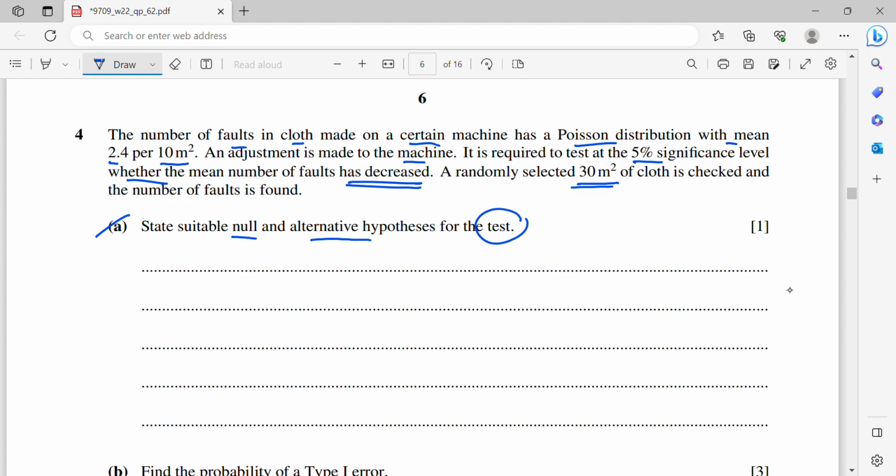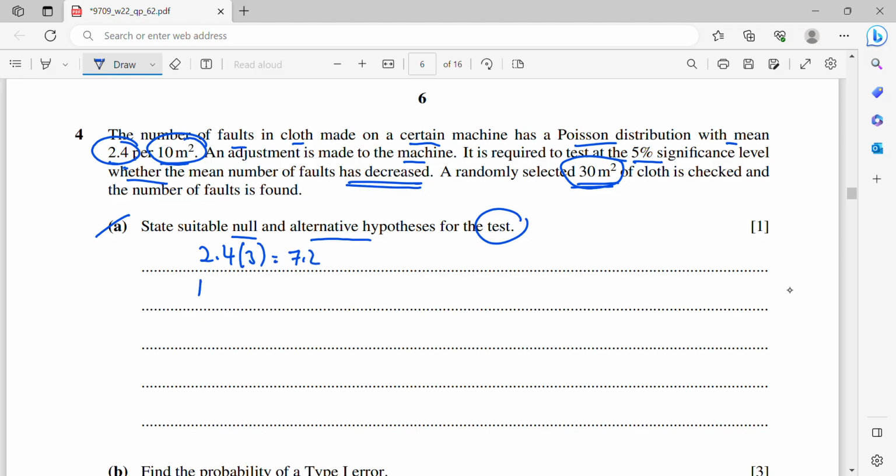Alright, so when you look at the question here, 2.4 per 10 meter squares, and now you are using 30 meter squares, which means I need to multiply 2.4 by 3, because this is triple of 10 meter squares. So 2.4 multiplied by 3 is going to be 7.2.